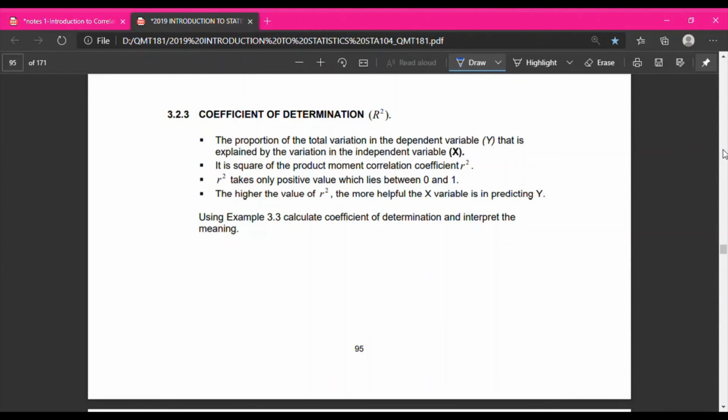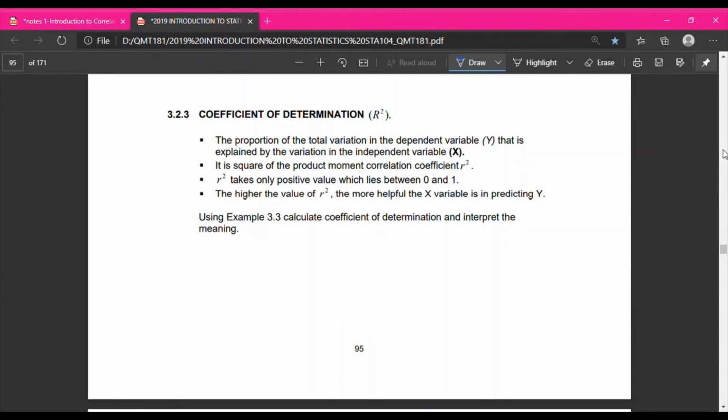Okay, another one is the coefficient of determination, whose notation is capital R square. The value of R square is actually a continuation from the value of R just now. To get R square, we just square the correlation coefficient R. What is the function of the coefficient of determination?